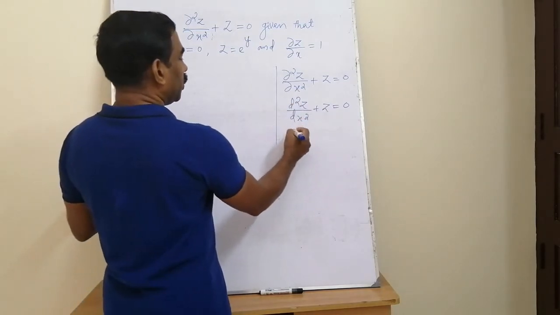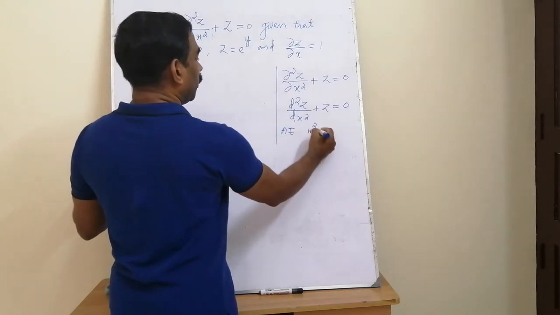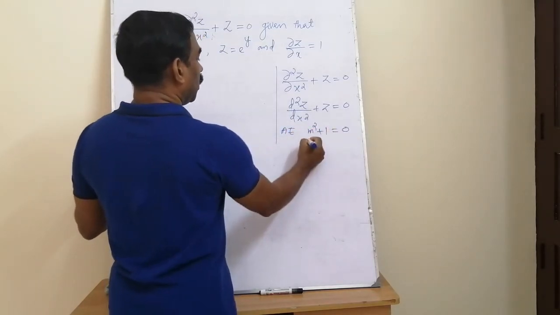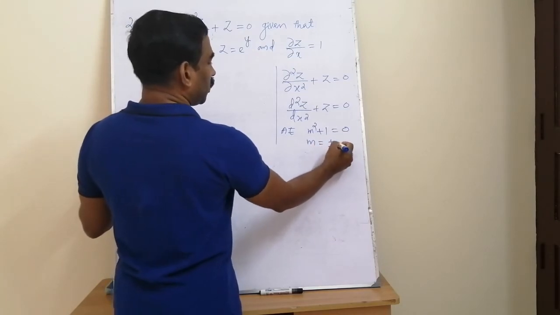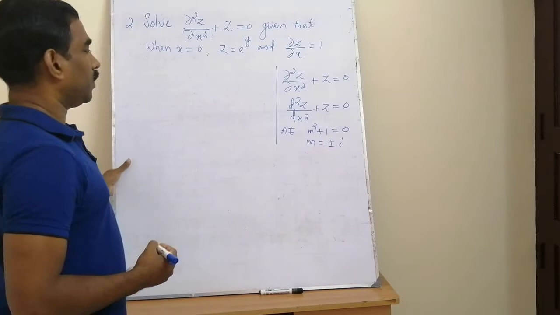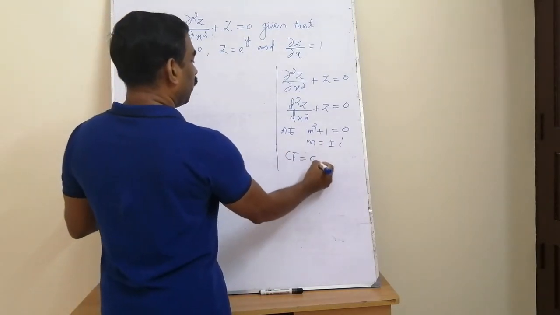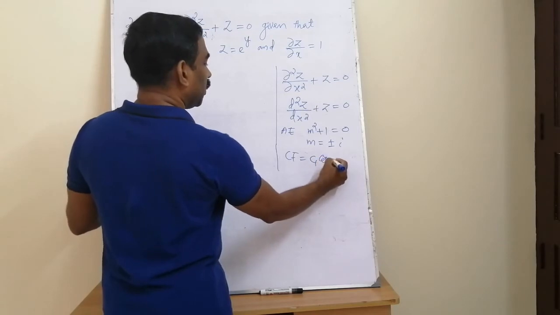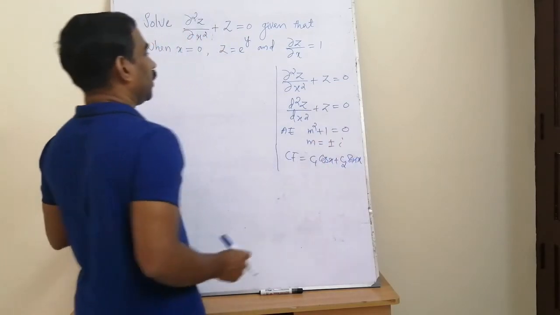The auxiliary equation is m² + 1 = 0, and on solving we get m = ±i. So the corresponding complementary function will be c1 cos x + c2 sin x.